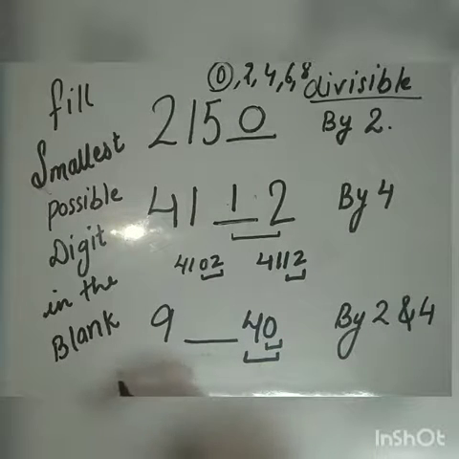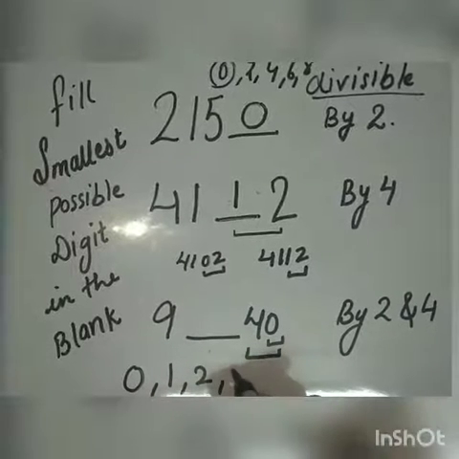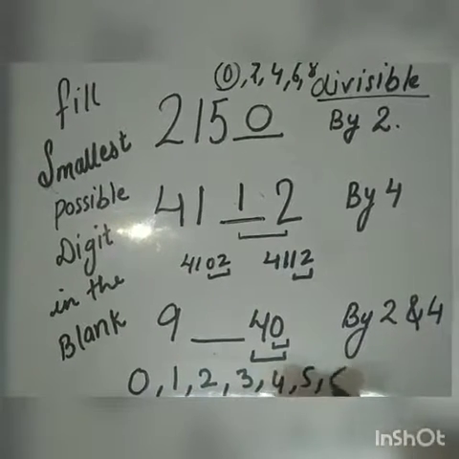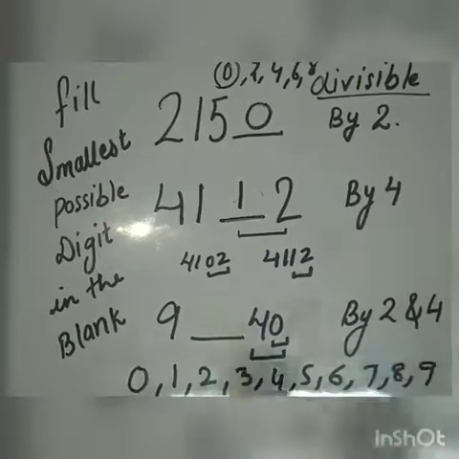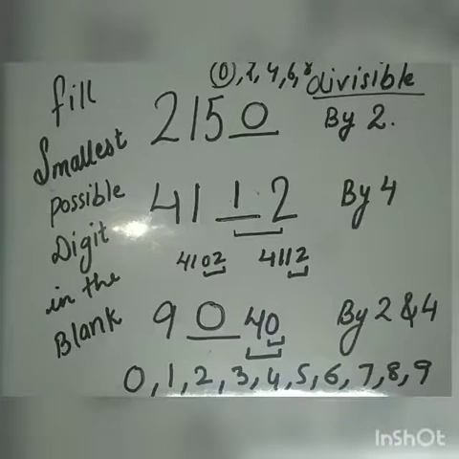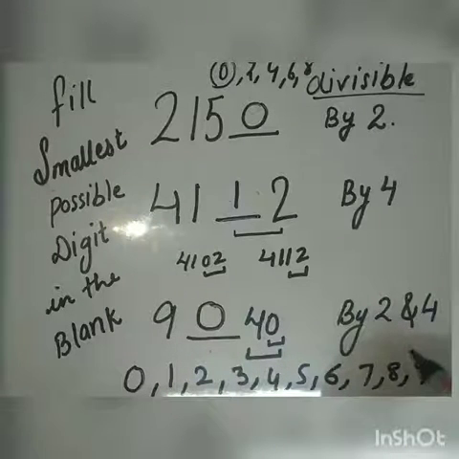So among the 10 single digits 0, 1, 2, 3, 4, 5, 6, 7, 8 and 9, the smallest is 0. So in this blank we will fill 0 so that 9040 is completely divisible by 2 and 4.